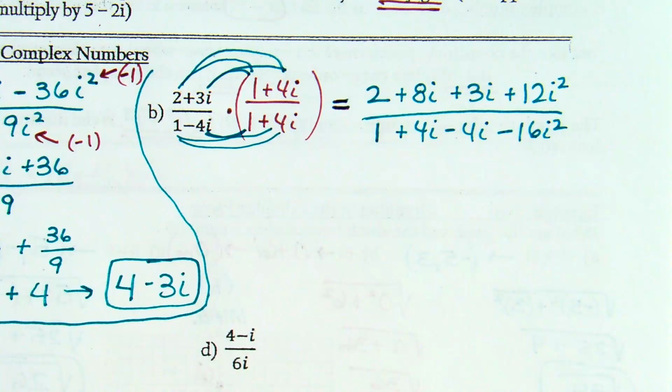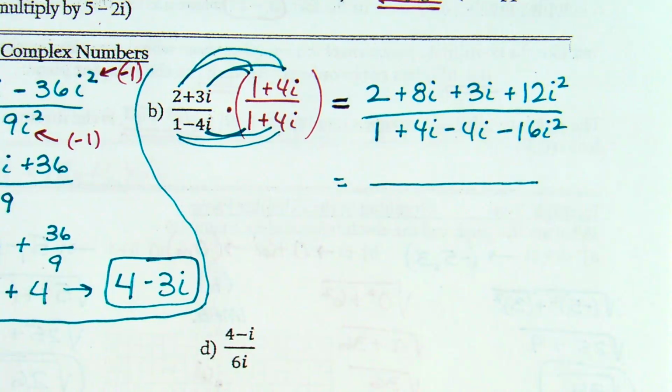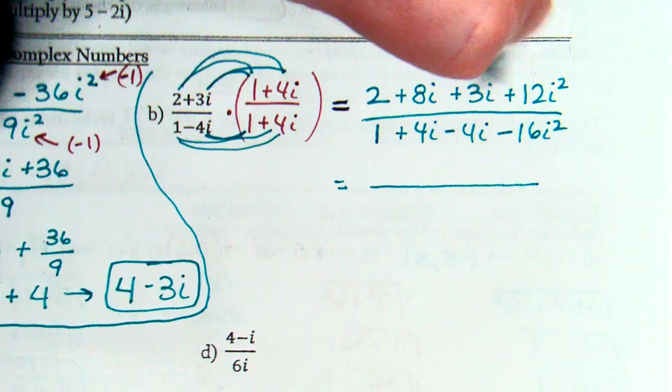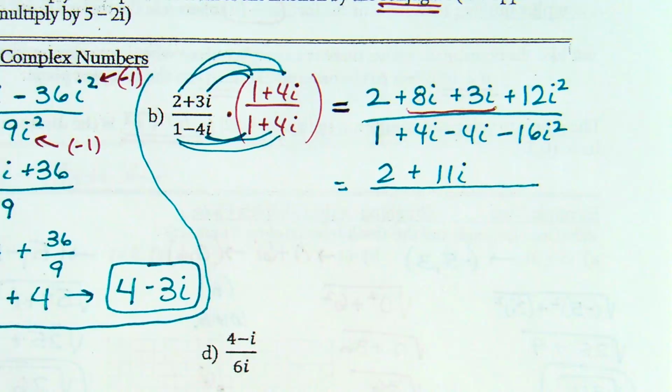Okay, what do you see in the numerator? Okay. 8i and 3i is 11i. So we still have the 2 plus the 11i. What about 12i squared?